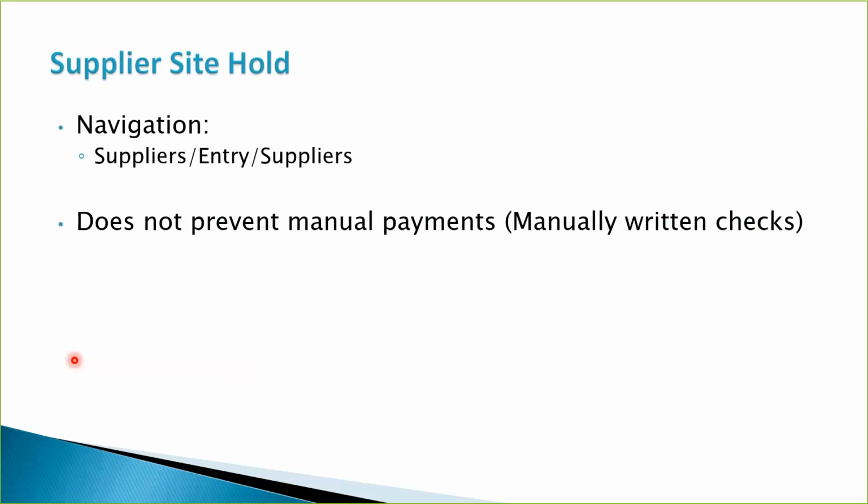So, of course, the system won't stop you from writing a check, but it will stop you from printing one, because that's what it can control. So the supplier site hold prevents quick payment. It will prevent an invoice from being picked up by a payment process request, but it won't prevent you from making a manual payment.